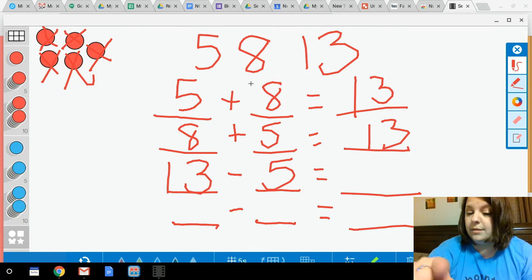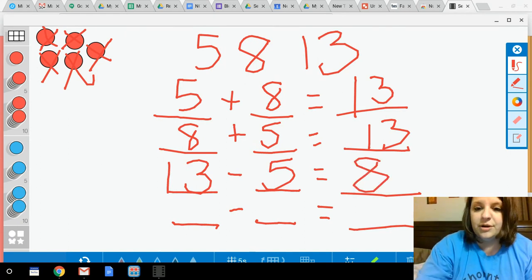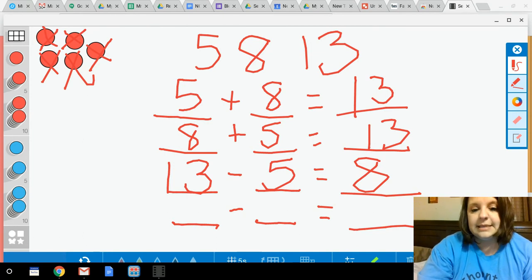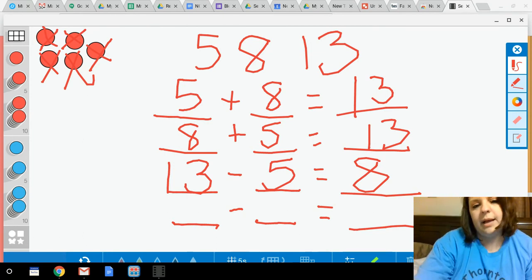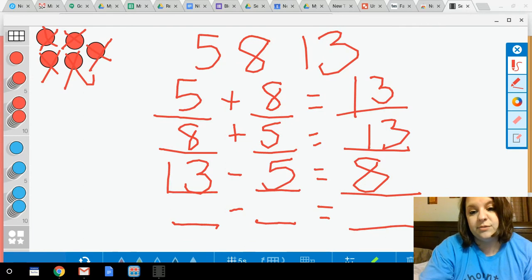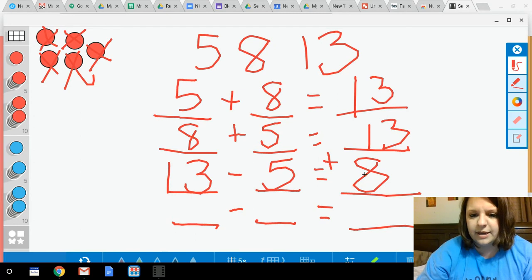The number 8. And you also know that's part of your fact family because if I would reverse this, and I said, okay, I know that 13 minus 5 equals 8, or I think it does. If I did 8, and I put a plus sign in here, 8 plus 5, would that give me 13?